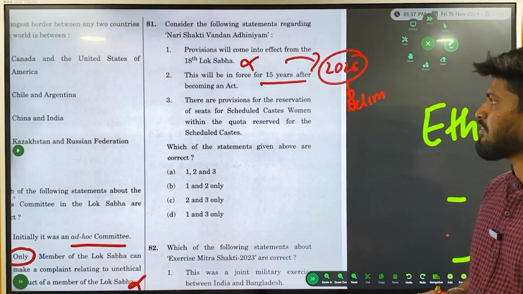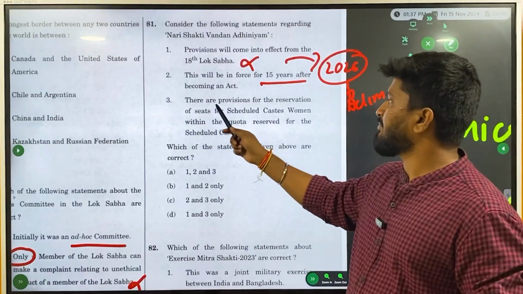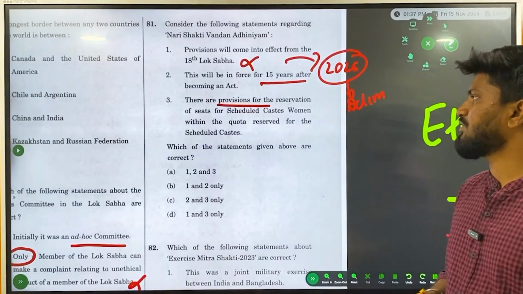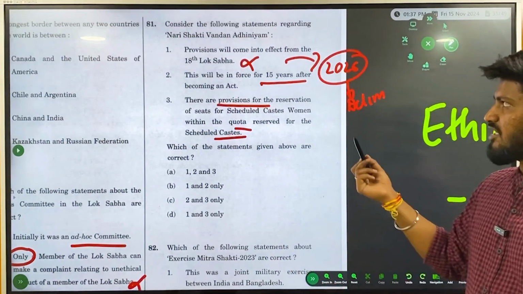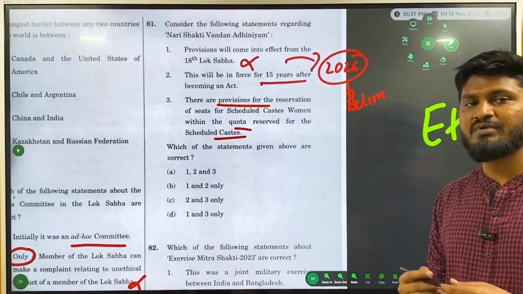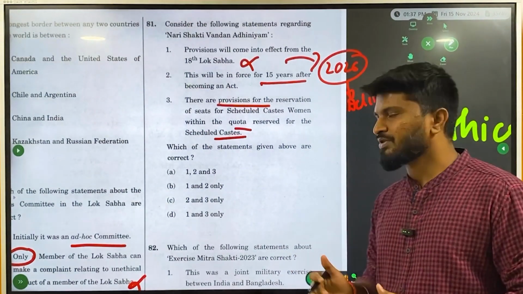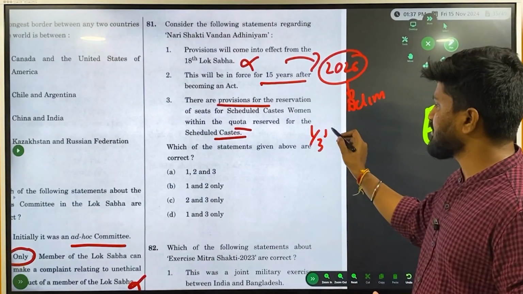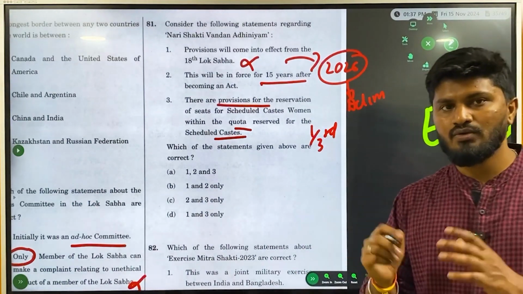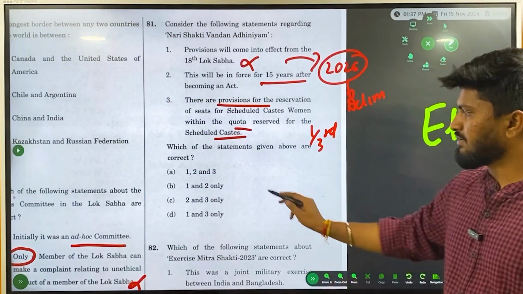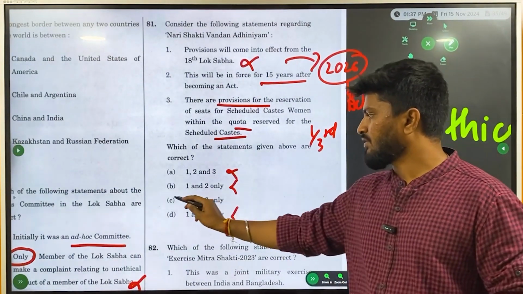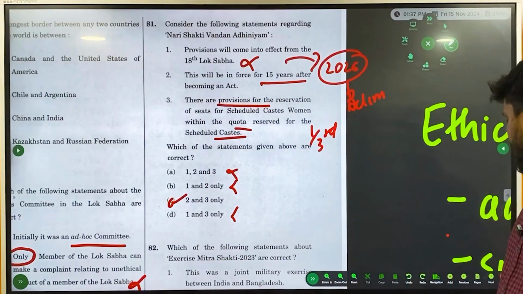This was correct. And then there are provisions for reservation of seats for scheduled caste women within the quota reserved for scheduled castes. Correct. The aim of the act is to empower women, so women belonging to different castes should also be empowered. That is why one-third reservation was given to SCs and STs within the quota. So if statement 1 is wrong, remove all options with 1. Option C is the correct answer.